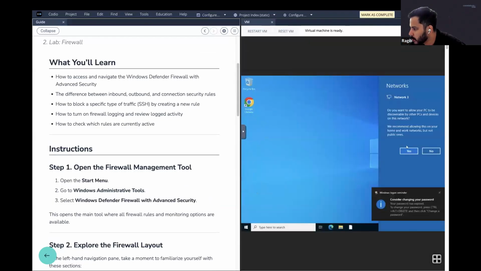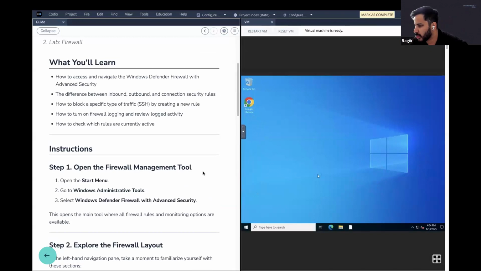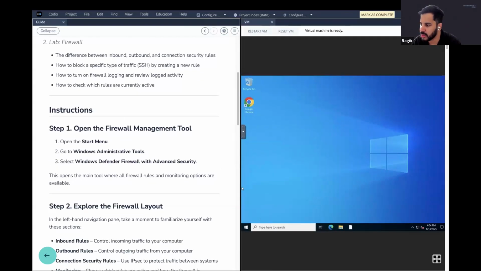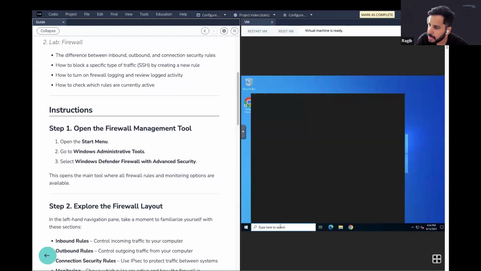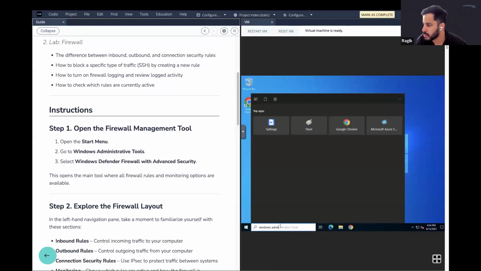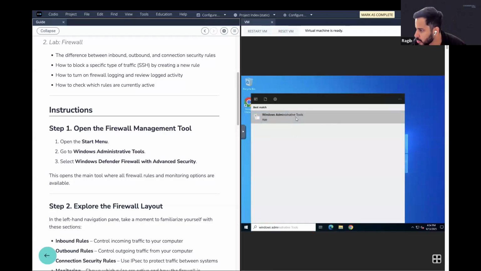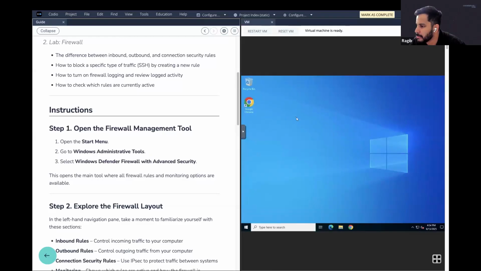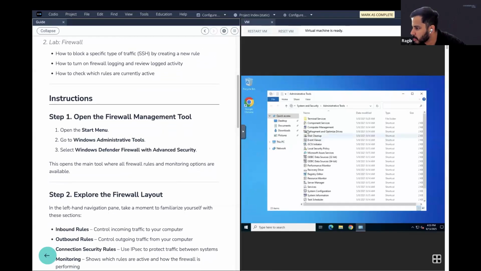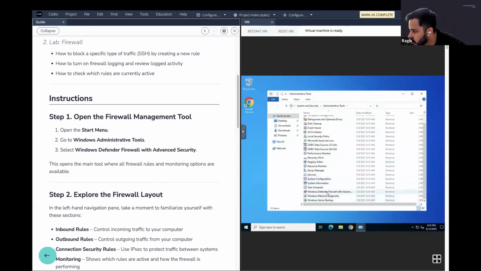What we're doing is reviewing some of the firewall management tools in a Windows environment. We can search for Windows administrative tools, and from here we can find Defender with advanced security.